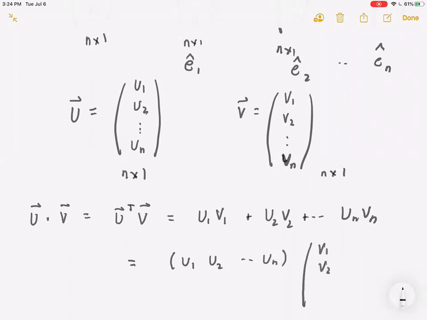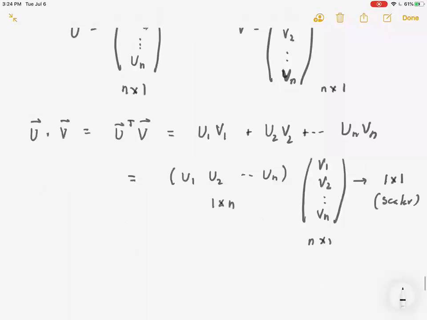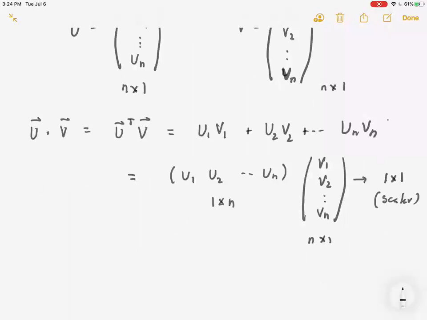In this particular example, where u and v are general vectors in n dimensions, I'm taking a 1 by n matrix and multiplying it by an n by 1 matrix. So I better get a 1 by 1 matrix, which is just a scalar. And I do. And note that the dot product of a vector with itself is positive unless the vector is the 0 vector.